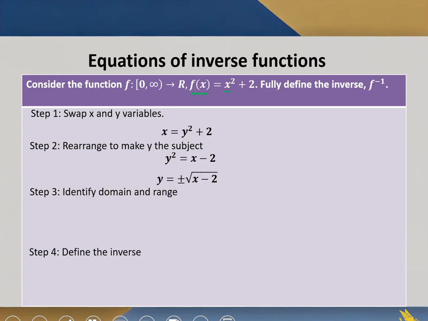Now, as we saw before with a quadratic, we know that the domain of the function will turn into the range of our new function. Likewise, the range of a function will turn into the domain of our inverse.